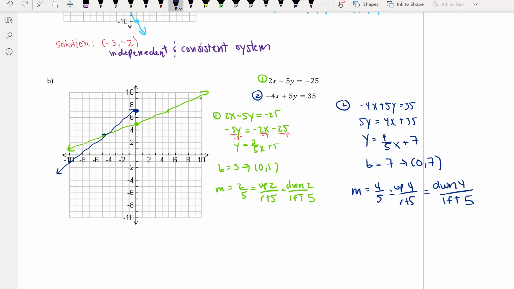So that is what my graph looks like. So it looks like I have a green dot and a blue dot that overlap. And that overlap is right here at that ordered pair.